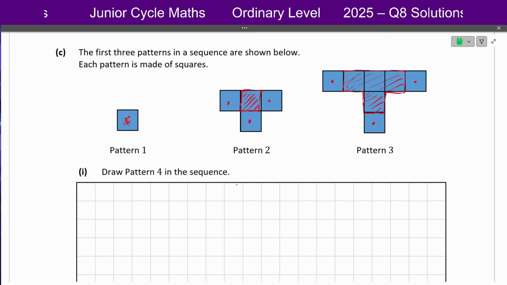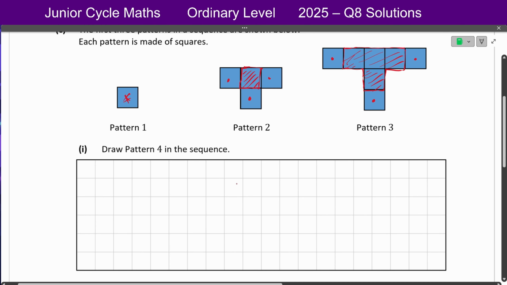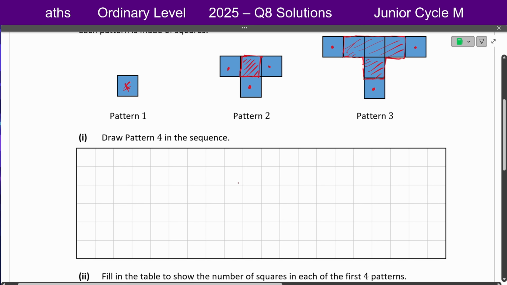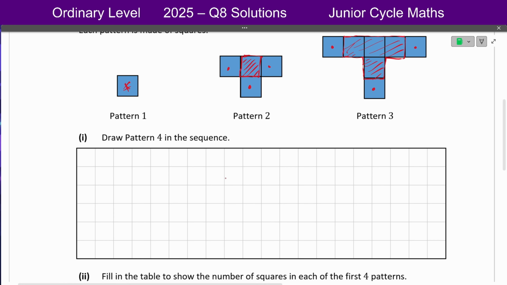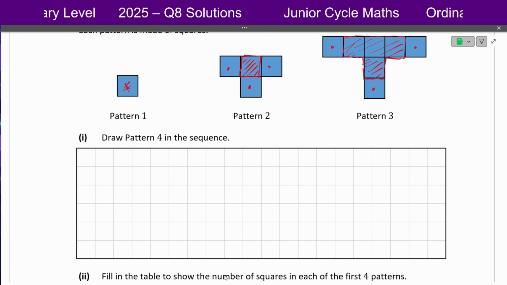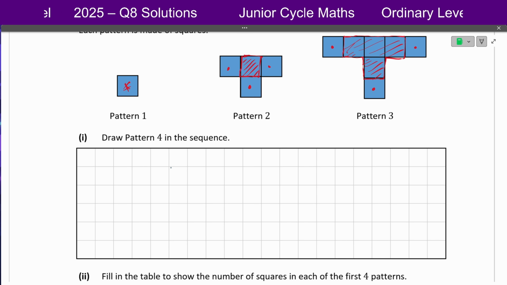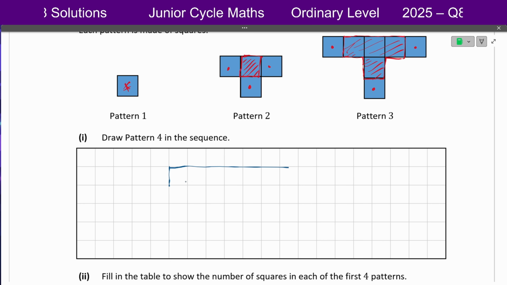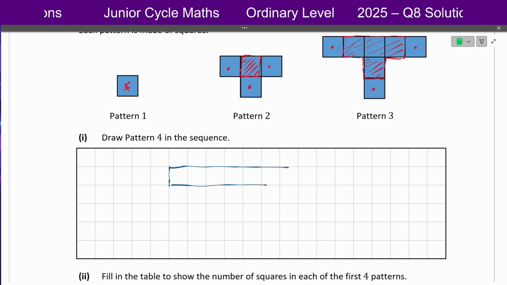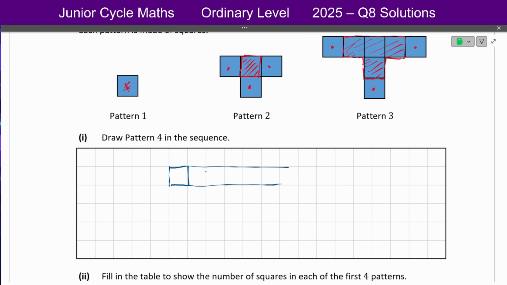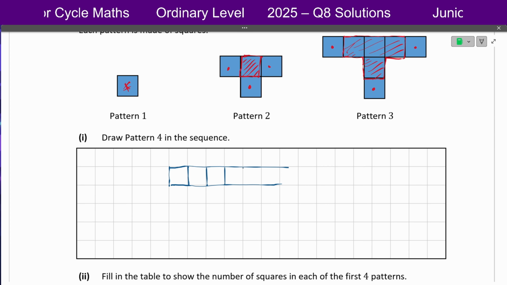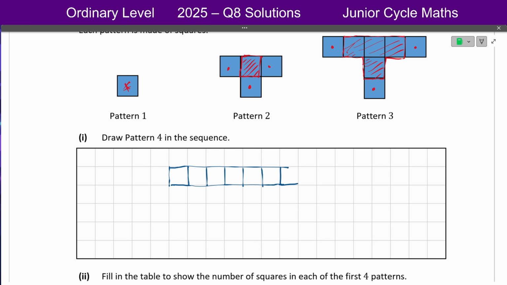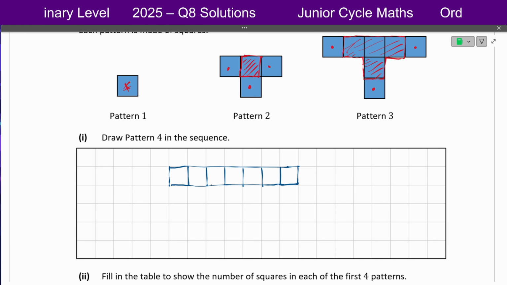So to draw pattern 4, what we have to do is just first draw pattern 3, and then we add a square on each side and one square underneath, and that gives me 7 squares across top, right? So here we have 1, 2, 3, 4, 5, and 6, and here is the 7th square.